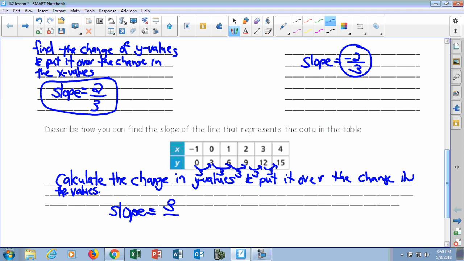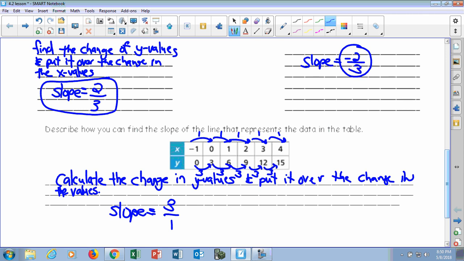Now let's go to the y's. From negative 1 to 0 goes up what? 1, good. 0 to 1, 1. 1 to 2, 1. So all these are going upwards in 1, right? So our slope is 3 over 1.